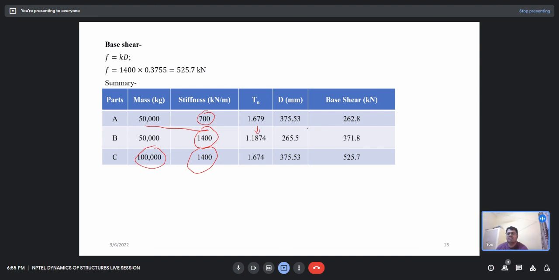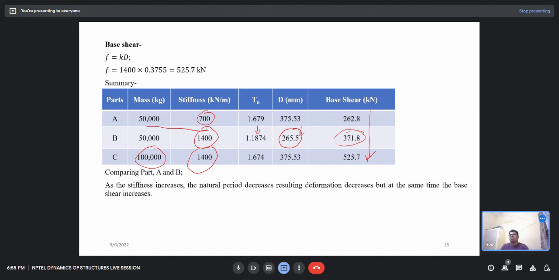So displacement really reduces, but my base shear increases. If I increase the stiffness, my displacement decreases, but my base shear increases. So this is also a disadvantage for the system. So increasing the stiffness is also not always a good option.